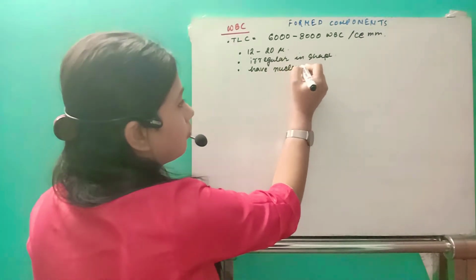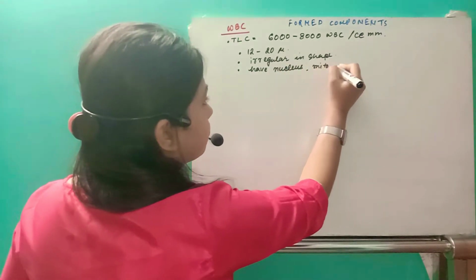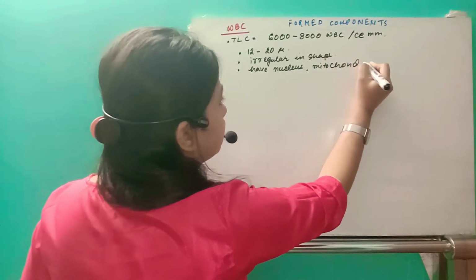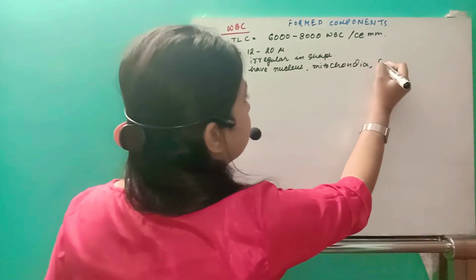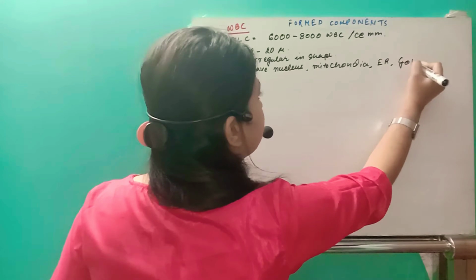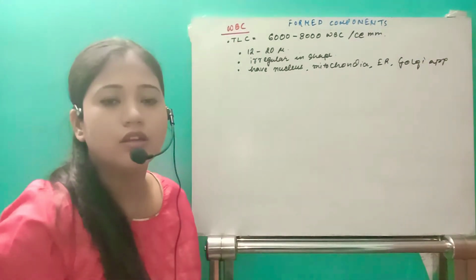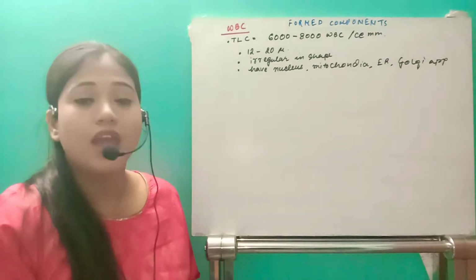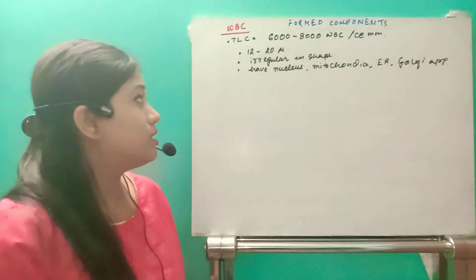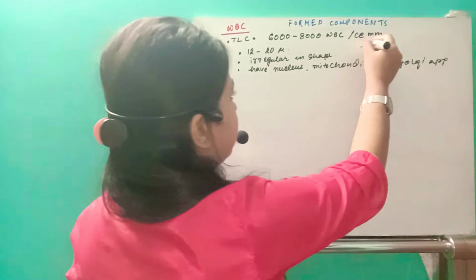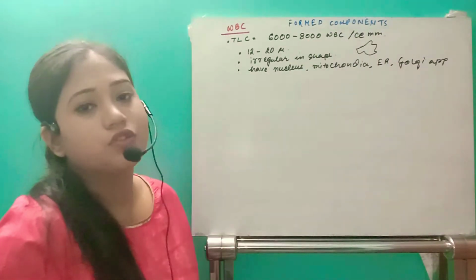So WBC will have nucleus, mitochondria, endoplasmic reticulum, Golgi apparatus, along with other organelles, all intact in the WBC, which has an irregular surface area. So that is important.